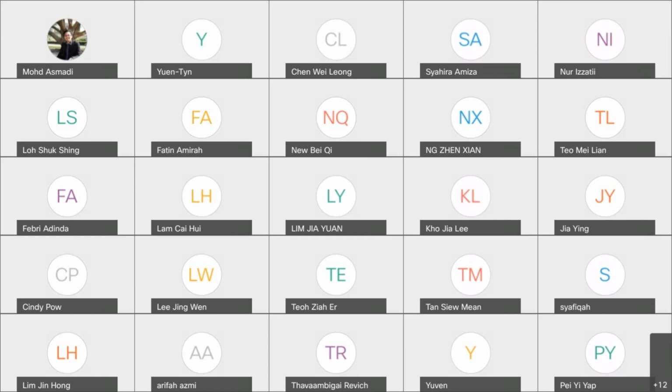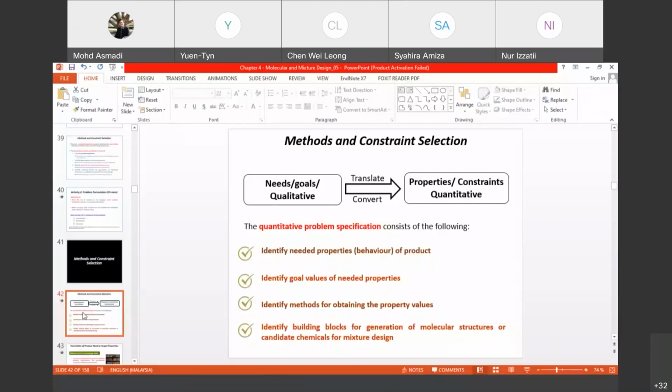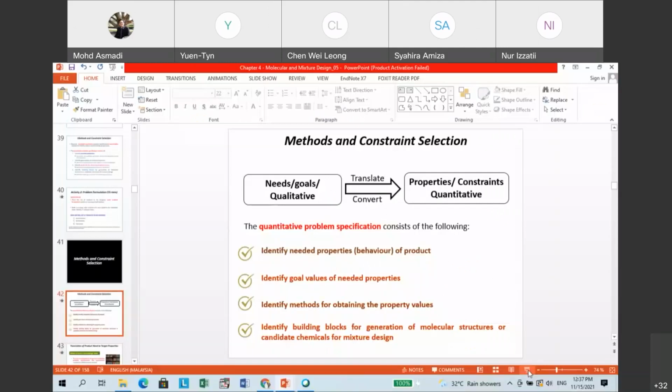Actually for methods and constraints, the objective of this step is to transform the qualitative problem specification to the quantitative one that should be suitable for the CAMD problem solution during the design phase.